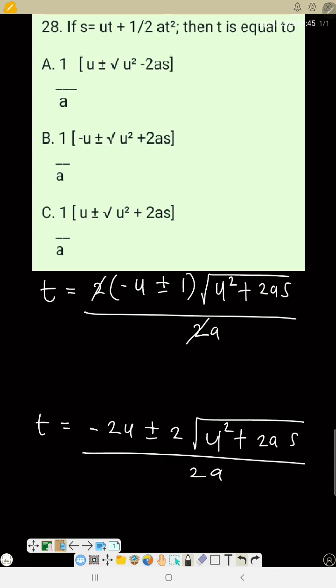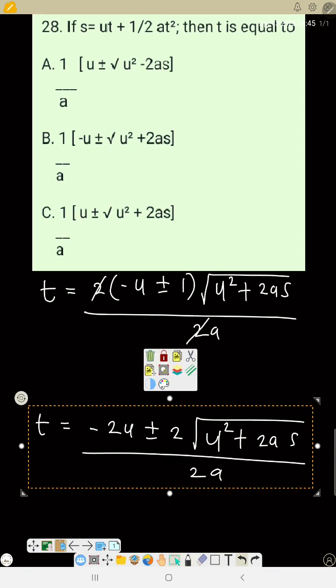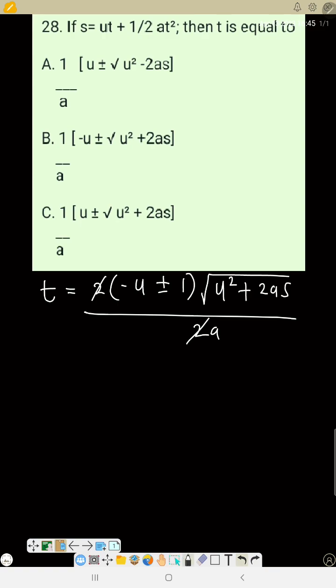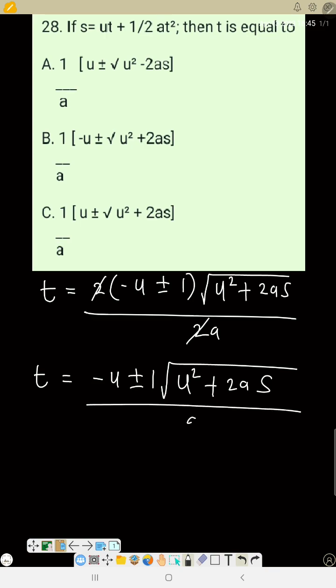So 2 will cancel out 2. So we'll have t is equal to minus u plus or minus 1 root u squared plus 2as over a. So this 1 root is the same thing as just saying root. So that will be the answer.